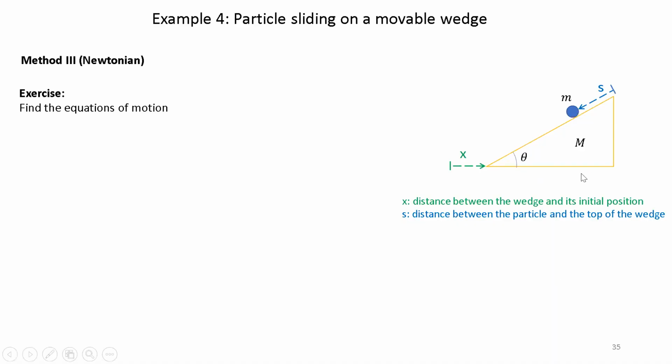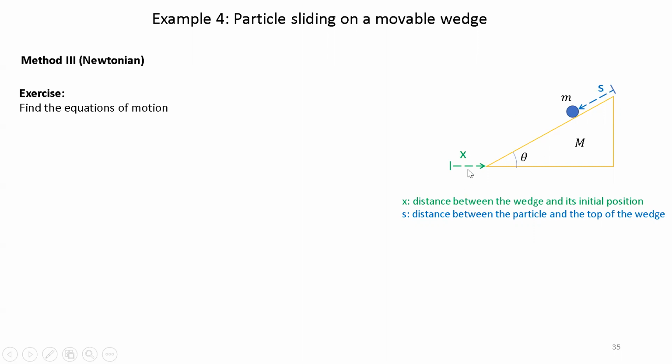Okay, so this is the system. This time, the two generalized coordinates that I'll use are the following: x and s. What are x and s?